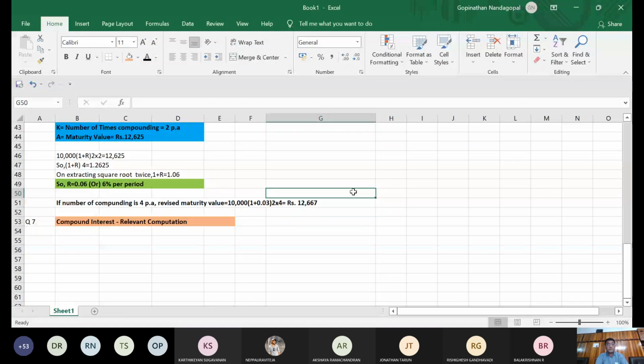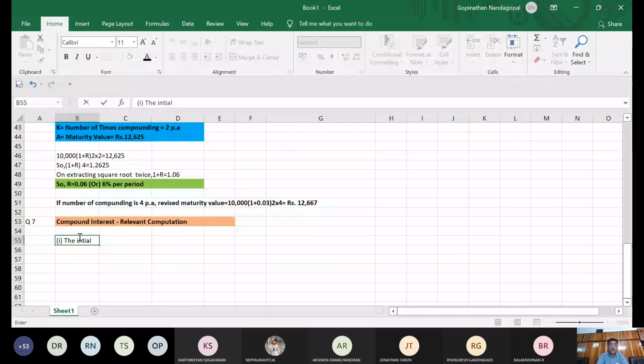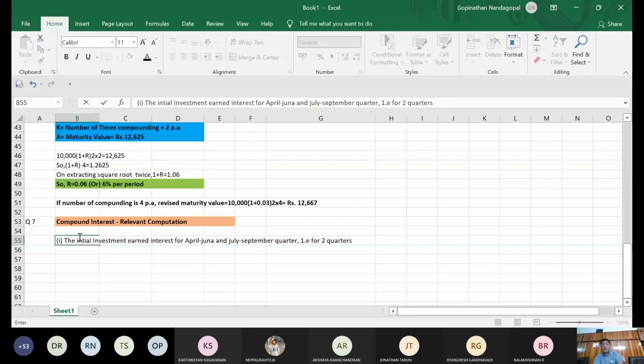The initial investment earned interest for April to June and July to September quarters, that is, for 2 quarters. Clear or not? Is it clear or not?